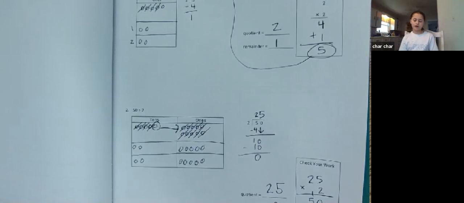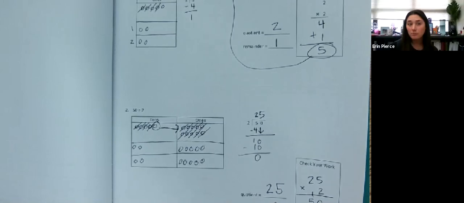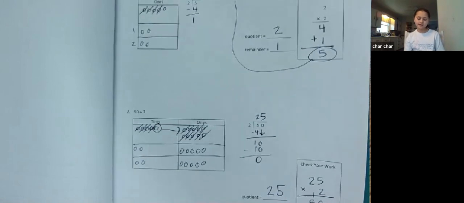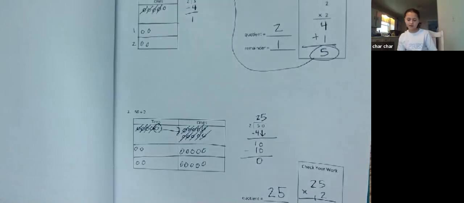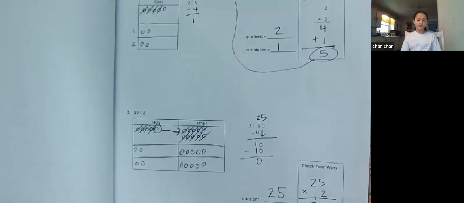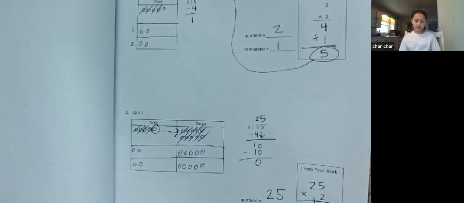So yeah, I do have a question. Let's just say it's 30 divided by 5, and you can't put, because you put the 3 in the tens, but you can't put nothing in the ones because there's a 0 there. But can you put the 2 there?